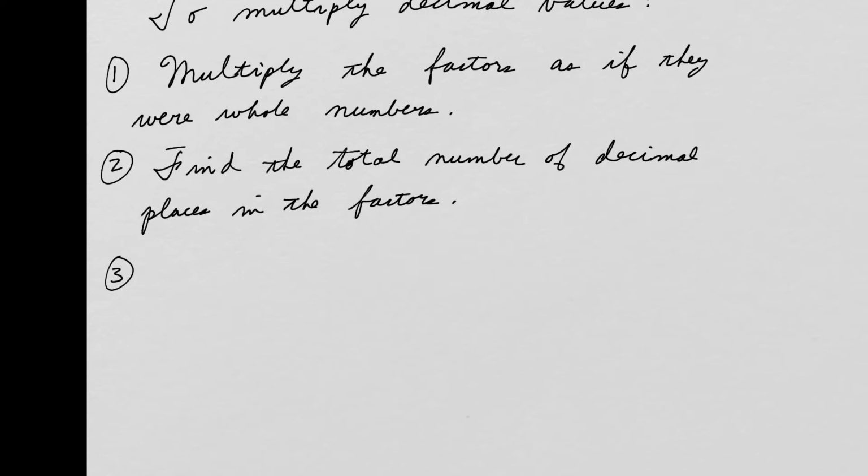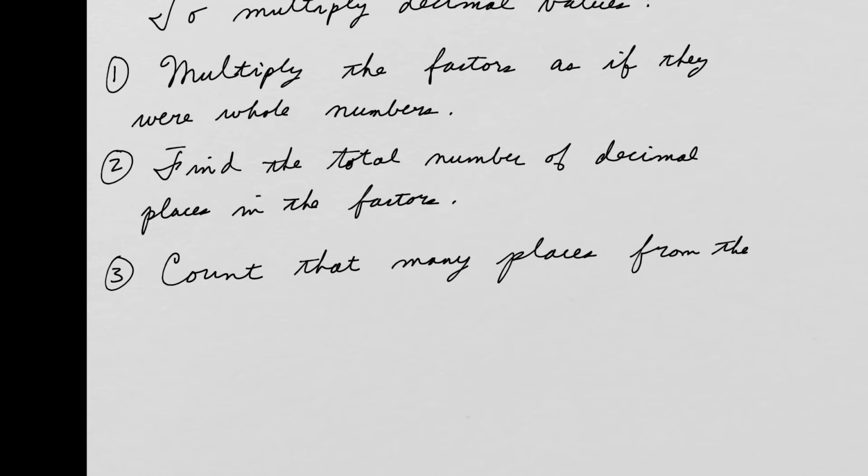Remember, the answer to a multiplication problem is called the product. So count that many places from the right end of the product and insert a decimal point.